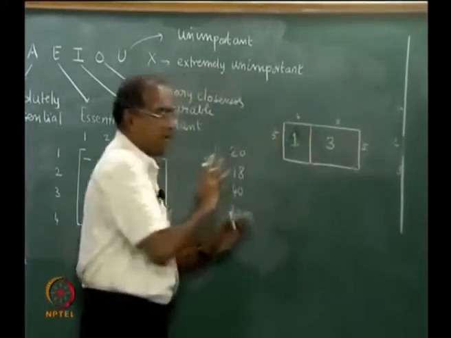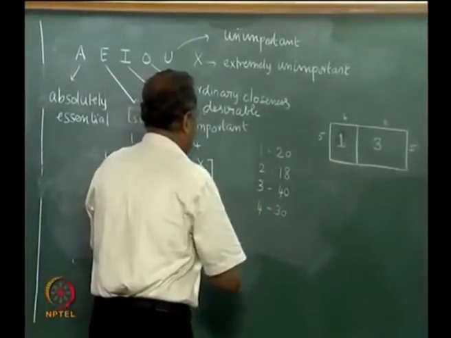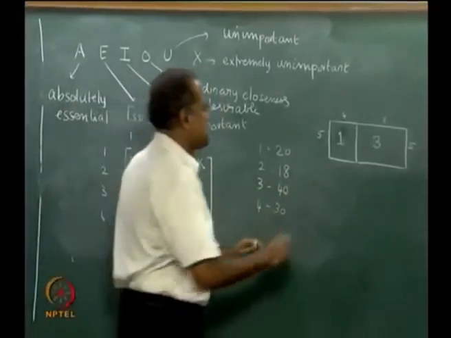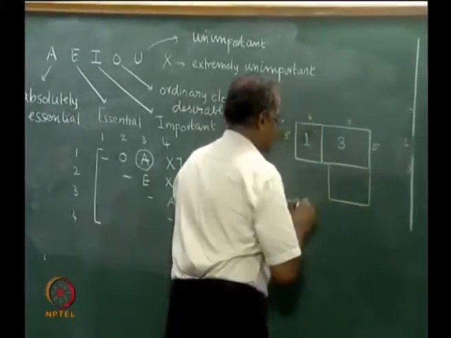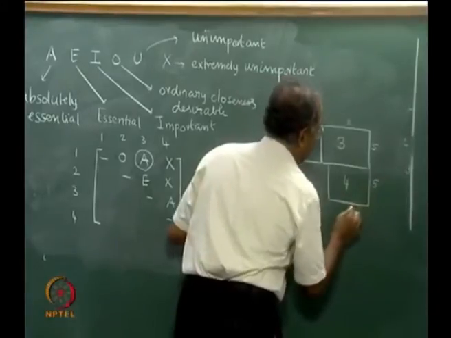If we want this entire thing to be a very compact square or a rectangle, then we would put department number 4 somewhere here with 30. So department 4 will come here, with 5 and 6.